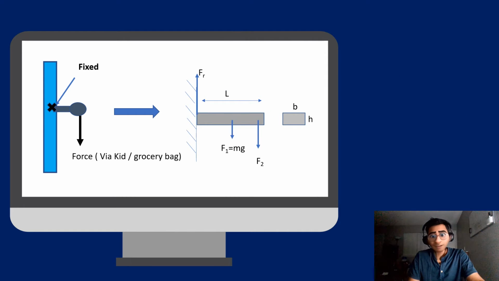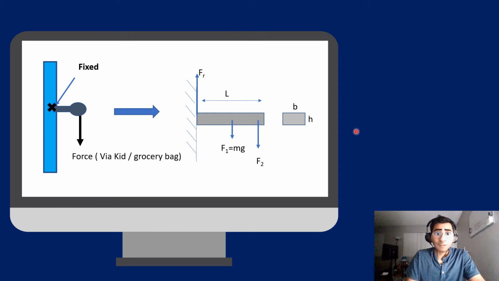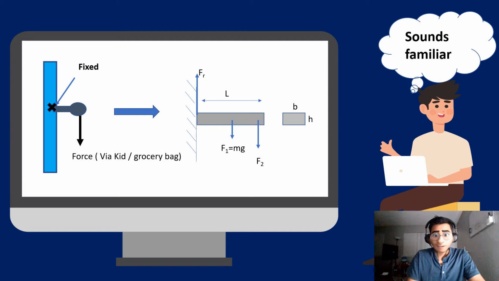For simplicity of the discussion, we consider a knob with length L, and the cantilever load is on a beam with a rectangular shape, which has a height of h and breadth of b. So this is just a recap. I hope now we understand where we were.